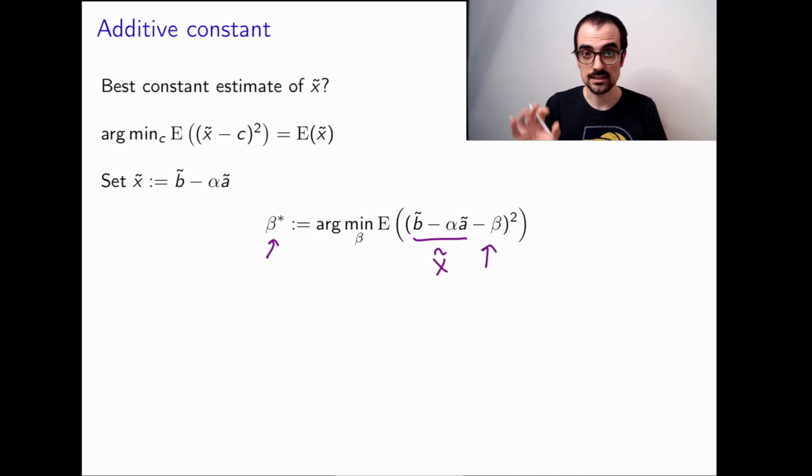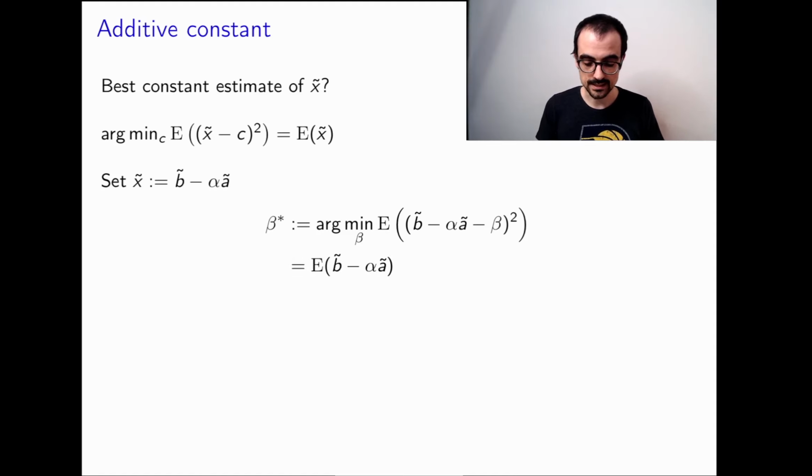The best constant that we can choose in terms of mean squared error is just the expected value of X. So this indicates that the optimal beta, the optimal additive constant, is equal to the expected value of B minus alpha A. It depends on alpha. In fact, it's equal to mu B minus alpha times mu A. Depending on alpha, this is going to change, but it's always this function of alpha.